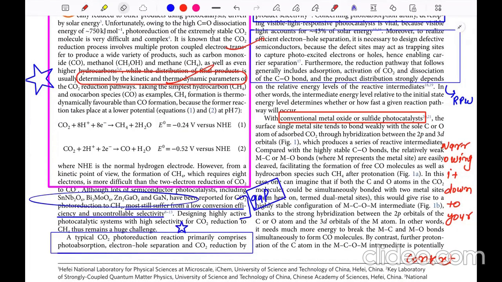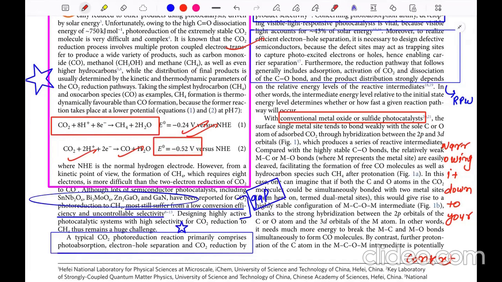For example, if you look at the products obtained in the CO2 reduction reaction, some are thermodynamically favorable, whereas some are kinetically favorable. If you see CO2 to CH4 formation, this has a lower potential, and CO2 to CO formation has a higher negative potential.